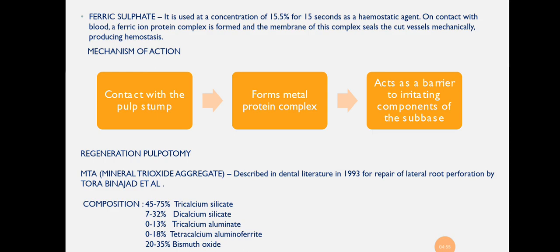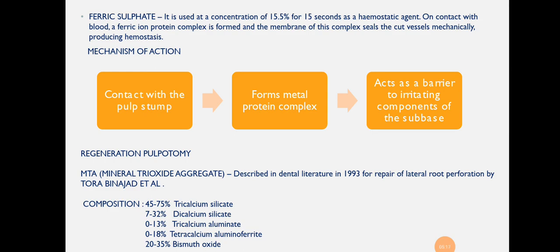Last in this classification was regeneration pulpotomy, where we will be describing MTA in short. Although if a question comes in detail about MTA, I will be uploading a video on MTA after some time, describing everything about MTA, but here we will have to write it very briefly. So MTA stands for mineral trioxide aggregate.